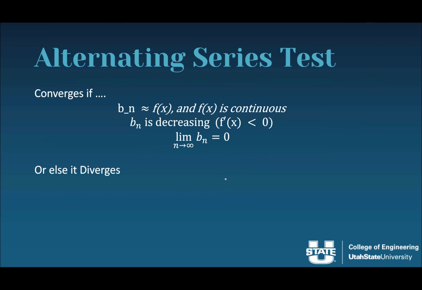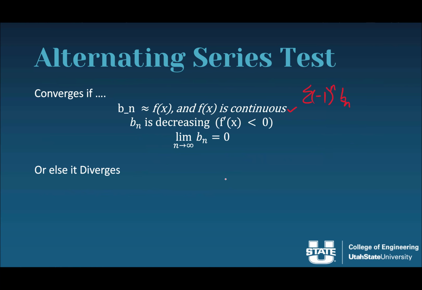So our alternating series will converge if b sub n, meaning if our original series is negative 1 to the n times b sub n, whatever b sub n is, if it's basically the same thing as a function, and that function is continuous, and b sub n is decreasing, which again we can find by saying if that function's derivative is negative, then it's going to be decreasing.